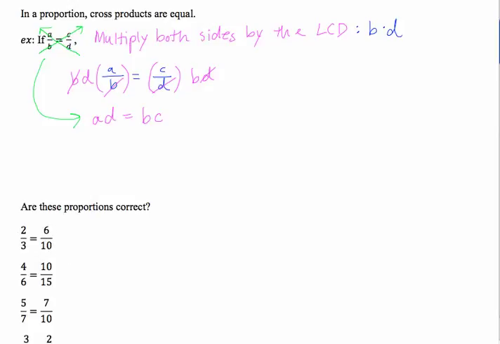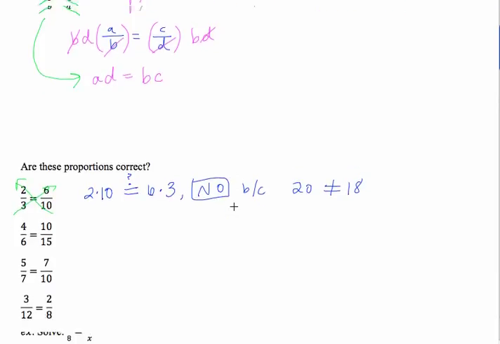So I'm going to cross multiply here the 2 times 10 and say that equals 3 times 6. So does 2 times 10 equal 6 times 3? And the answer is no. 20 does not equal 18, so no. So that one's a false statement, that first one there.